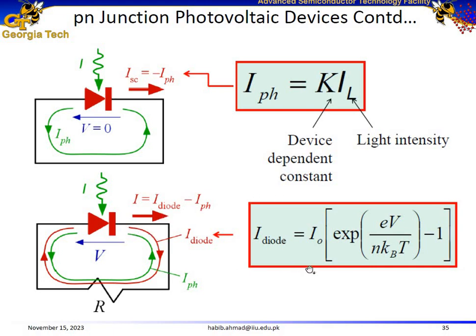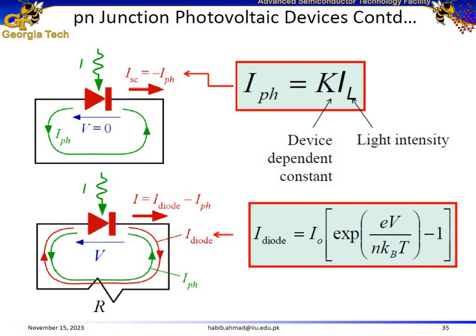Similarly, we have diode current, and we already know the formula for diode current. Diode current is equal to the reverse saturation current times exponential of E times the applied voltage divided by nKT, minus 1. We also have n, where n is the ideality factor for non-ideal diodes. For ideal diodes, n is equal to 1, but for non-ideal diodes, n can have a value above 1.